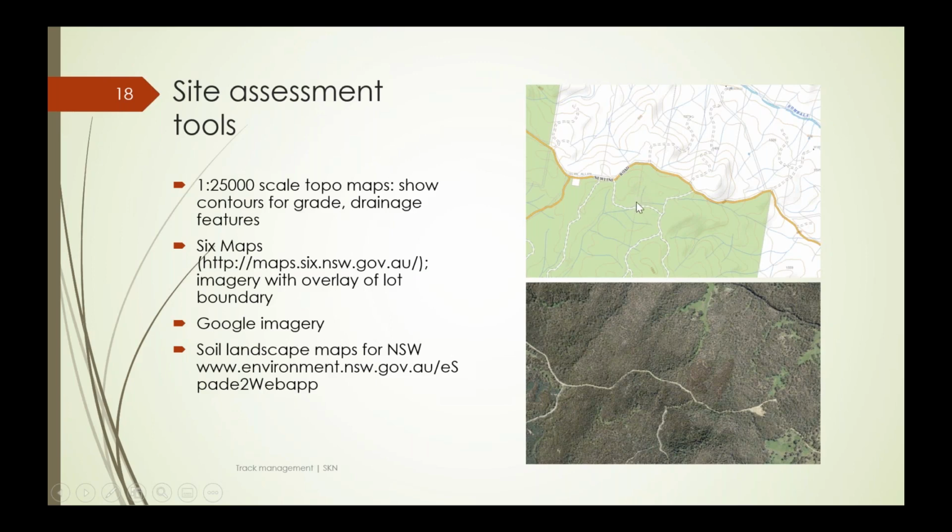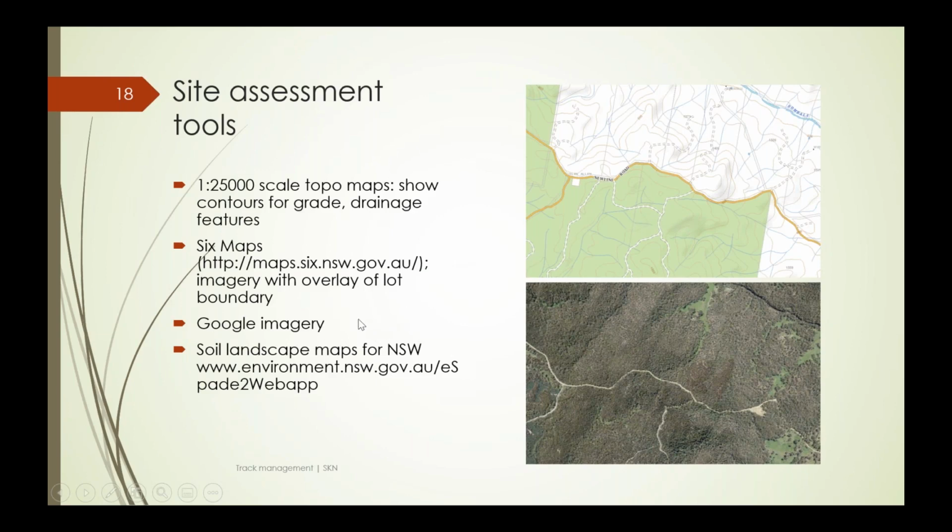It also shows where the previous existing tracks are from previous logging operation, so that's going to be useful in planning up whether you need to construct new roads or whether you'll be able to use existing roads. And the contouring gives you a good idea of where the ridges are, so where to locate the track to minimise creek crossings and drainage line crossings.